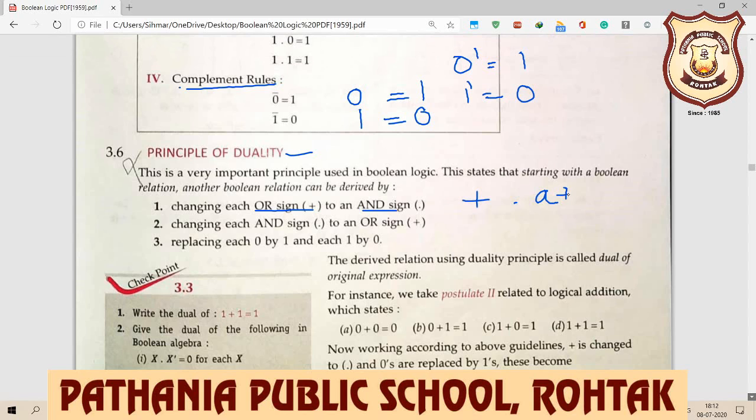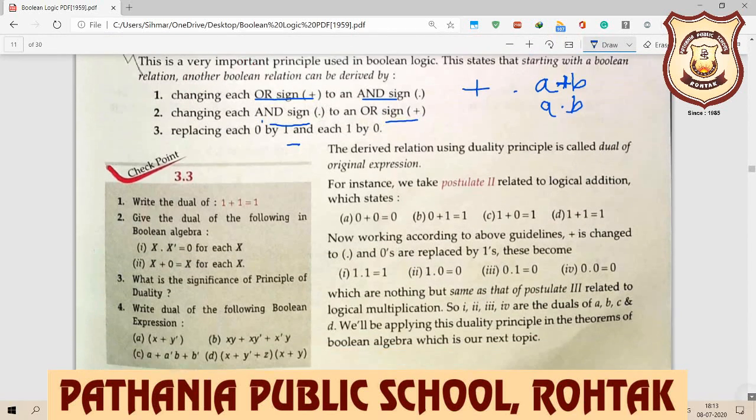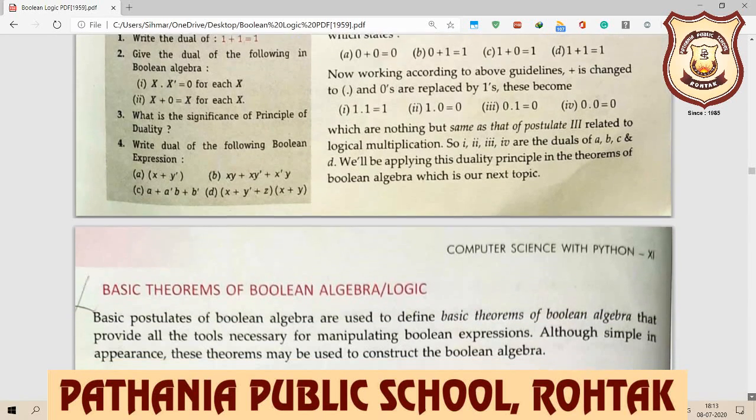If a plus b is there, then it always changes to a multiply b. And next is changing each AND sign to OR sign and replacing 0 by 1 and 1 by 0. We learned all these things in yesterday's class.